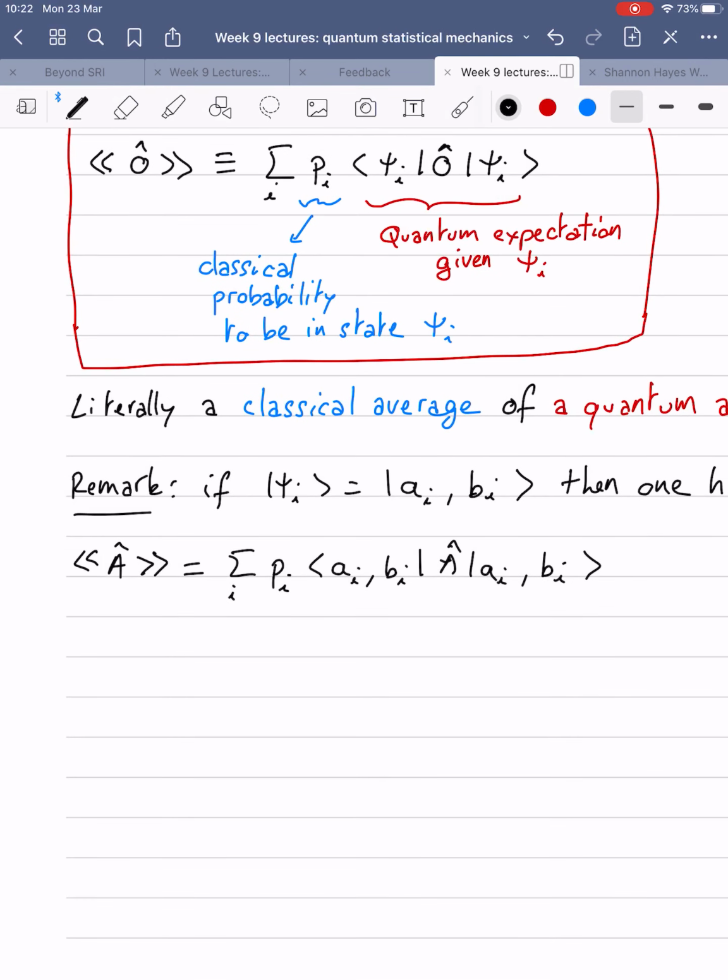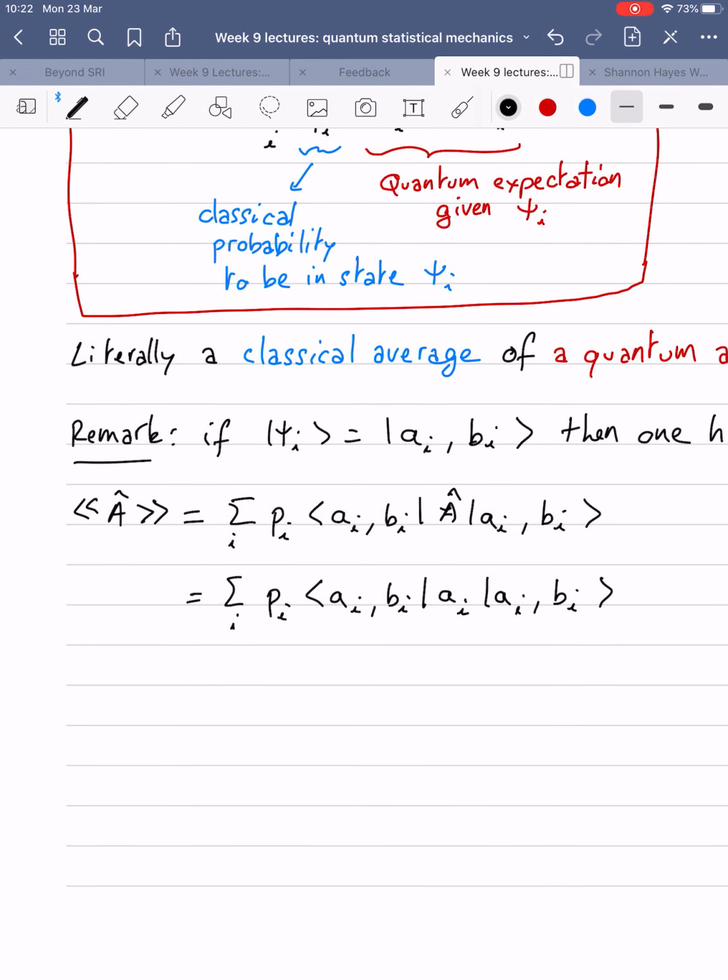It turns out that this A acting on this state returns simply a_i, which is just a number. So essentially you get the sum over i of p_i a_i times <a_i b_i|a_i b_i>, which is equal to 1.